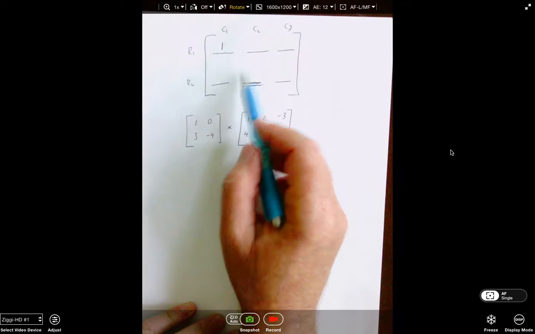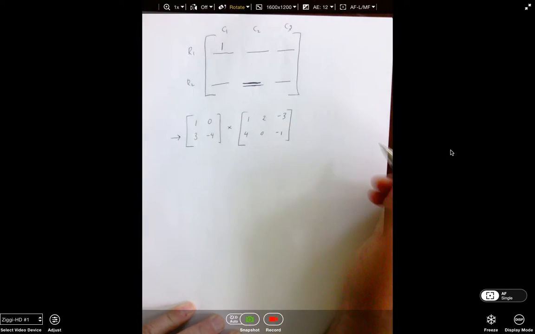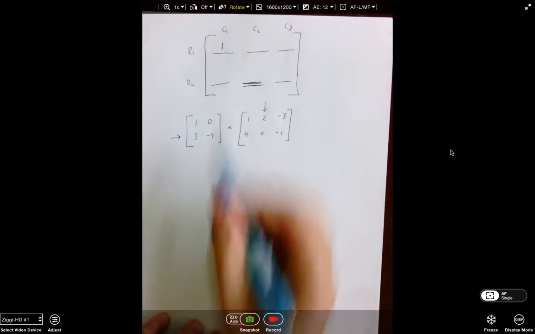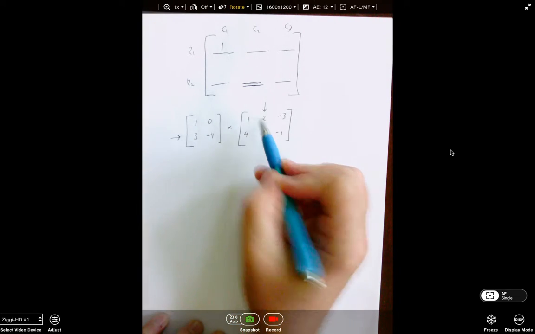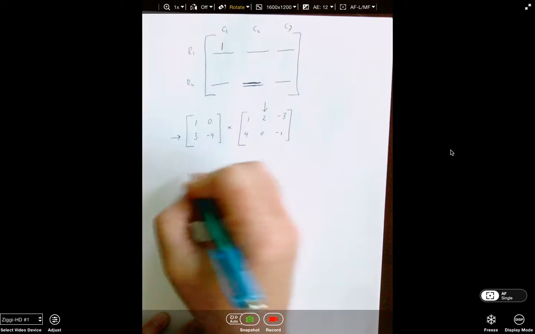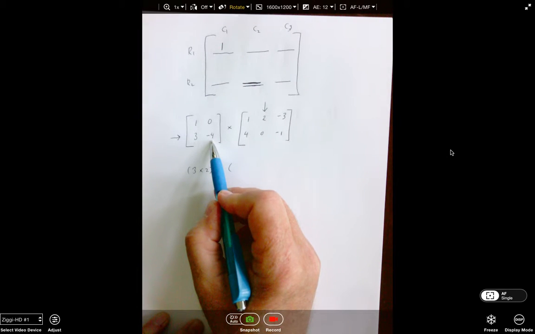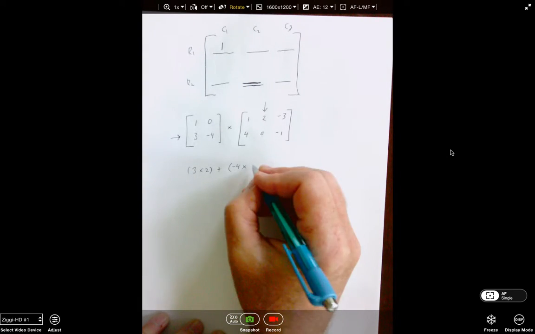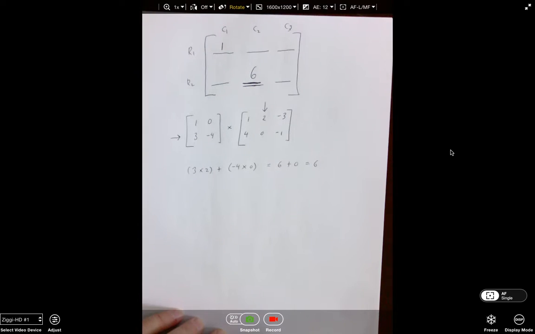This number comes from row 2 and column 2. So I'm going to take the first element in row 2 times the first element in column 2 plus the second element in row 2 times the second element in column 2. So guys, I know a 6 goes right there.